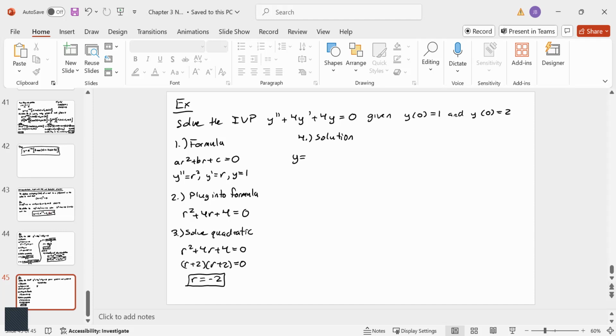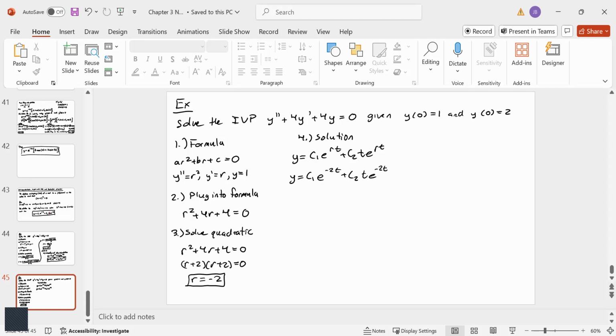So then we have y equals C1 e to the rt plus C2 t e to the rt, but you can't forget the t. So then y is equal to C1 e to the negative 2t plus C2 t e to the negative 2t, right? That's all it is.